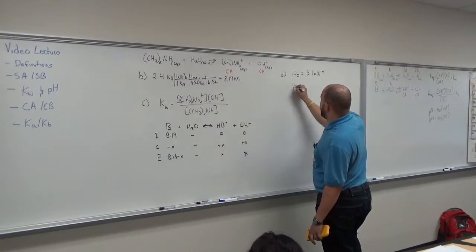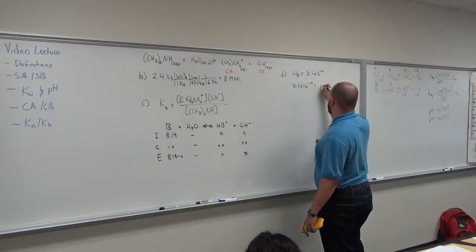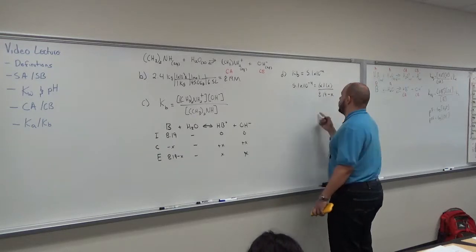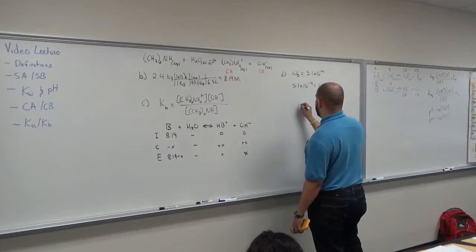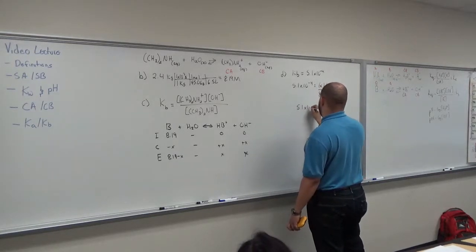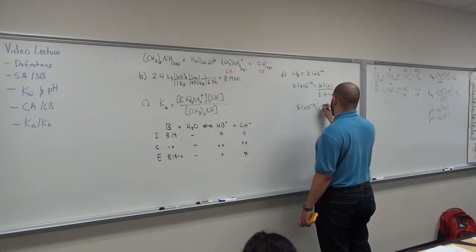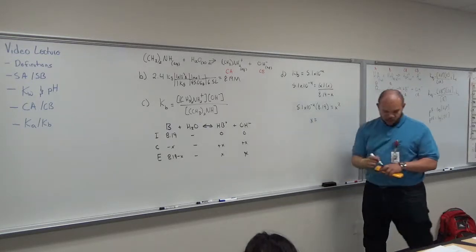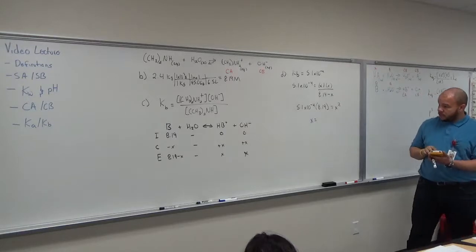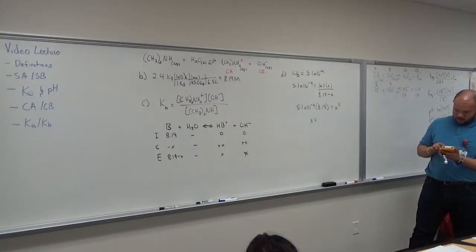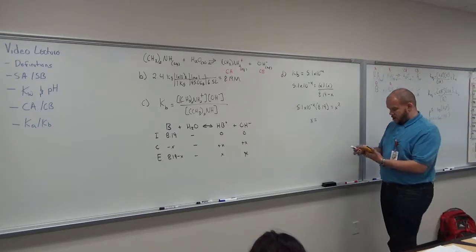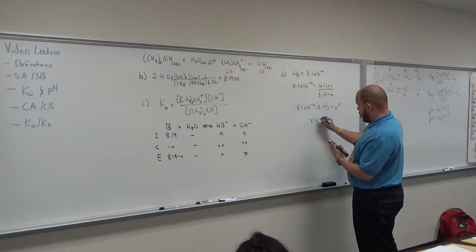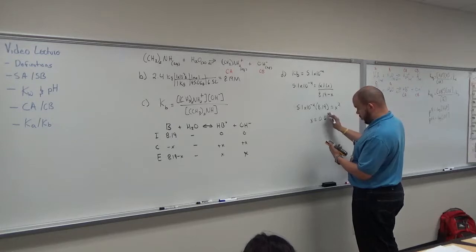Therefore, 5.1 times 10 to the negative 4 is equal to X times X over 8.19 minus X. We can drop X in this case, so we should have 5.1 times 10 to the negative 4 times 8.19 is equal to x squared, and then we show that x is equal to 0.065.